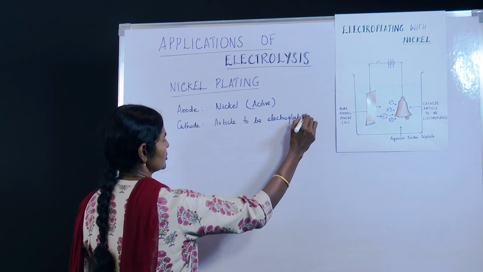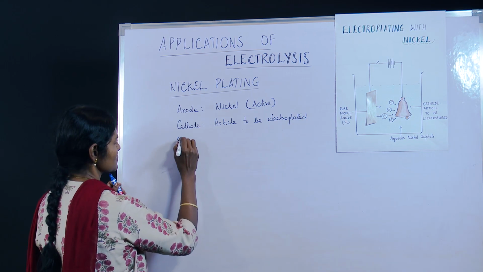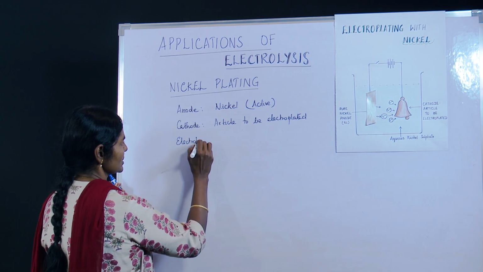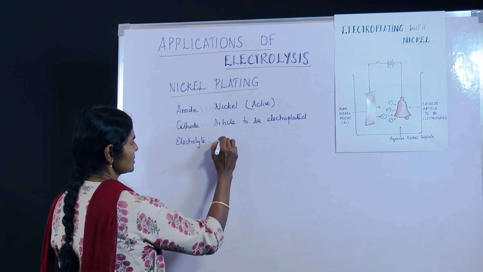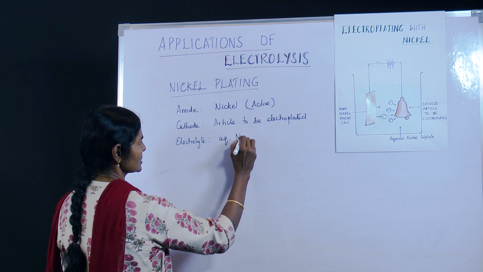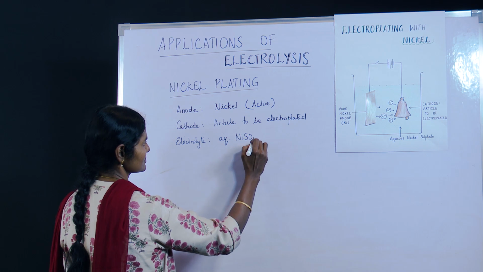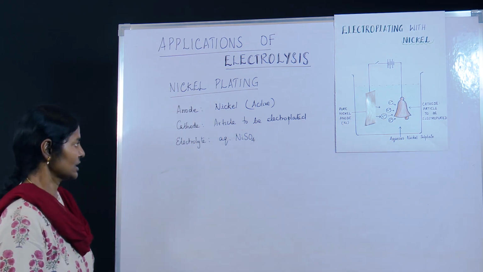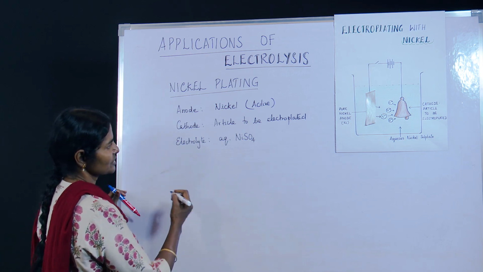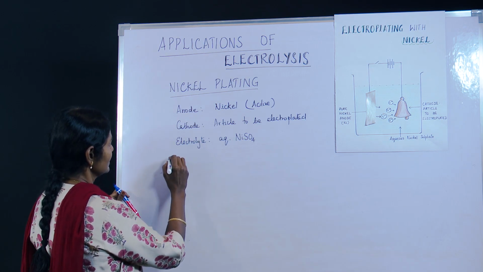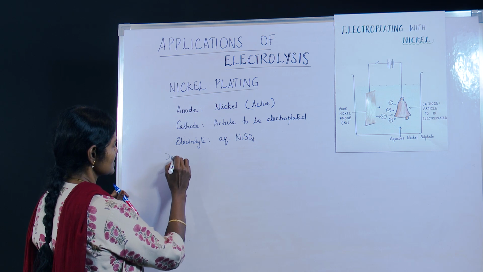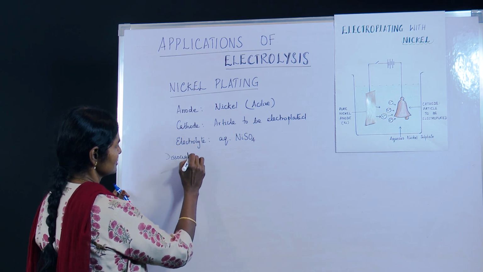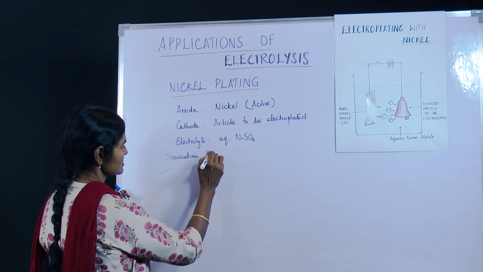Now we move on to the electrolyte. What is the electrolyte? It is aqueous nickel sulfate. Now when we go into the reaction part, let us take the dissociation reactions.